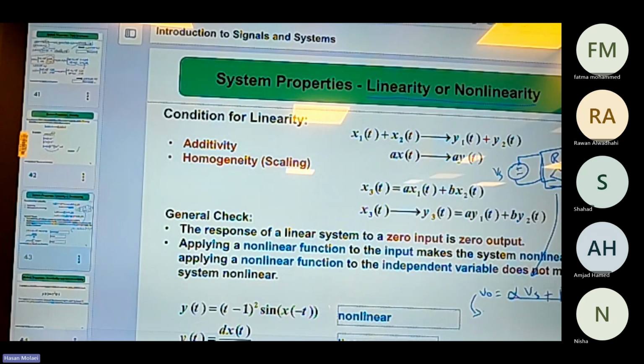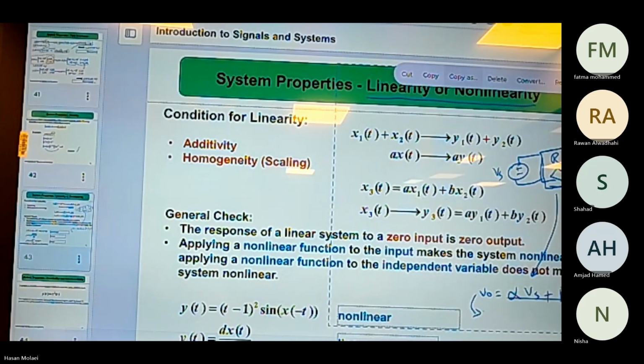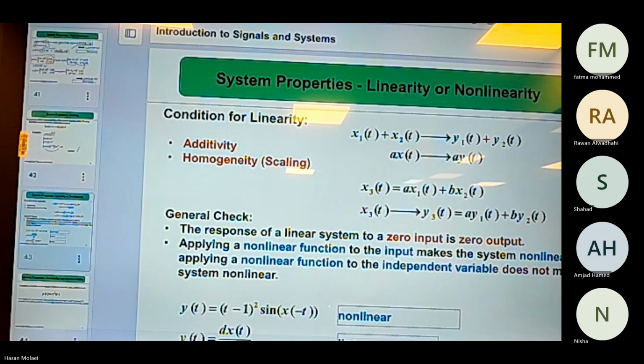Linearity means our system has these two conditions: homogeneity and additivity. Homogeneity means scaling. If you multiply the input by a coefficient, the output should be multiplied by the same coefficient.